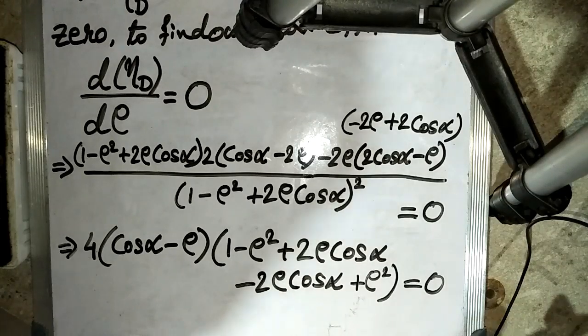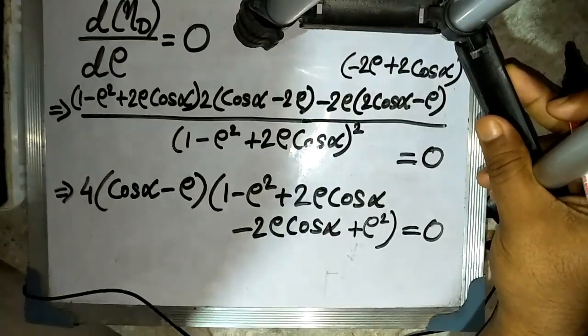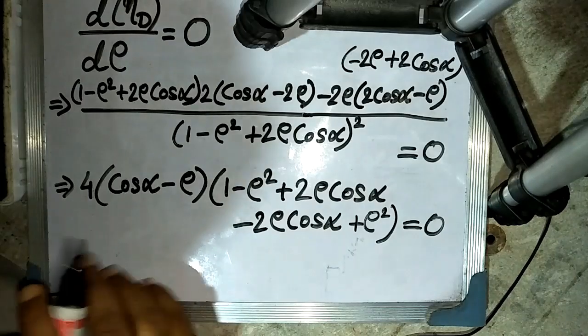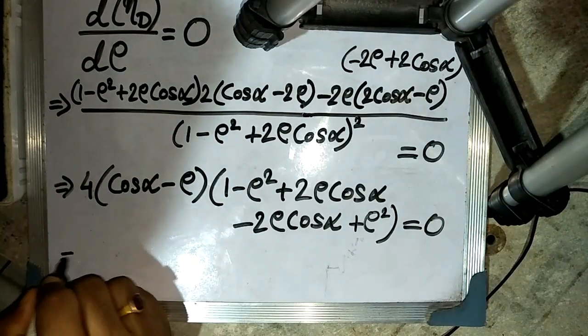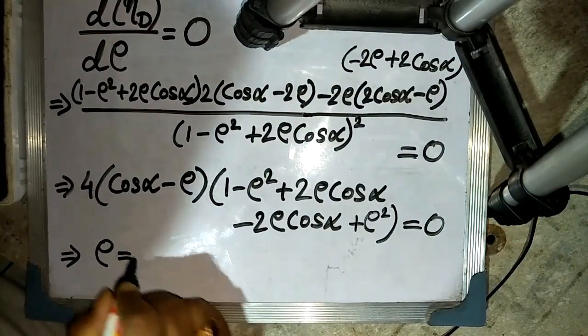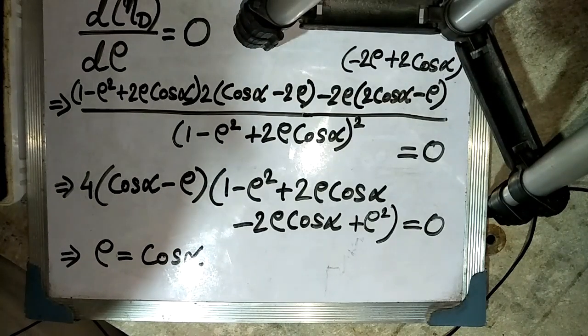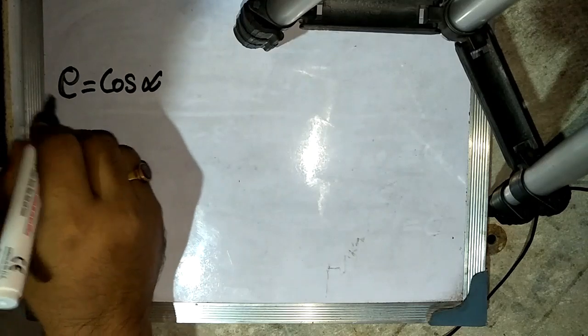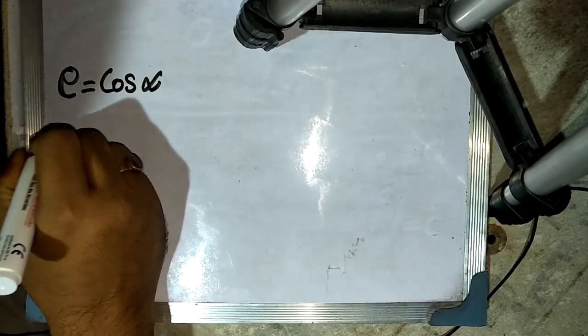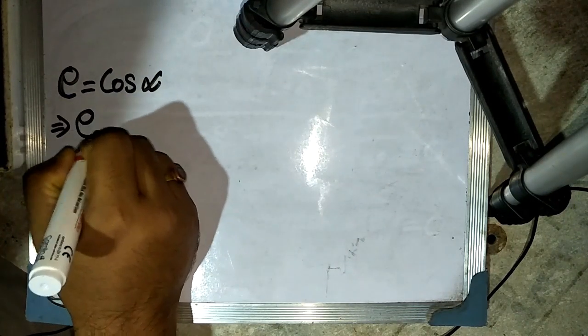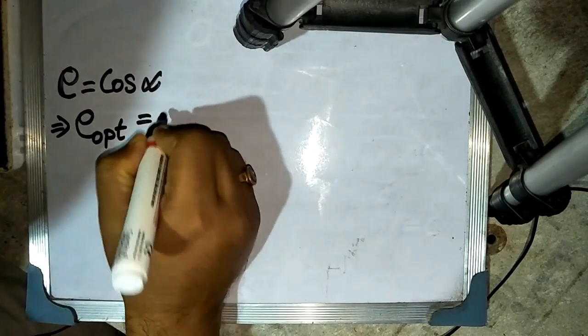From this expression we get rho equal to cos alpha, or better to say, the optimum value of rho, rho optimum, is equal to cos alpha.